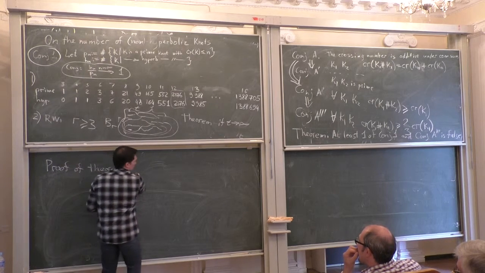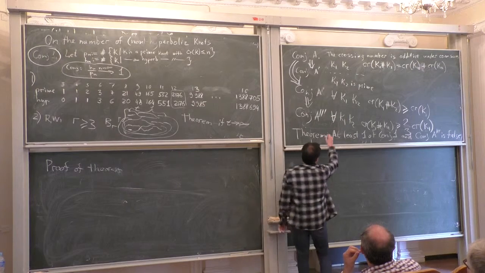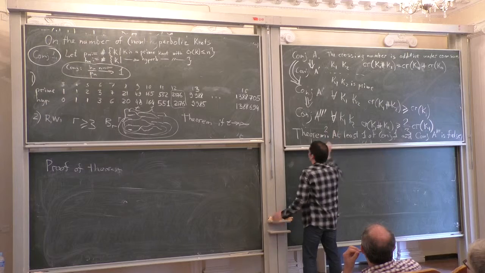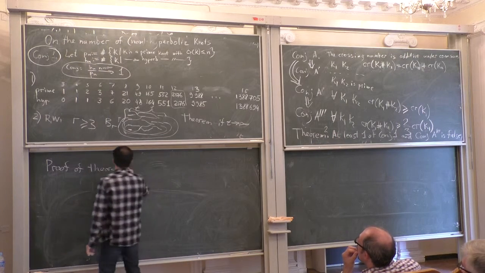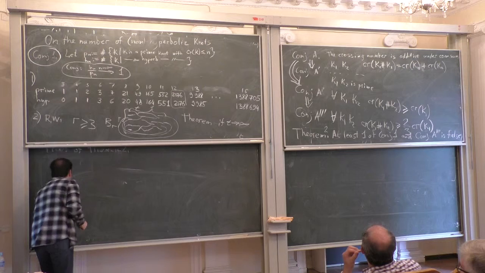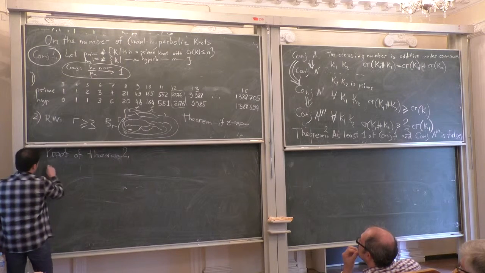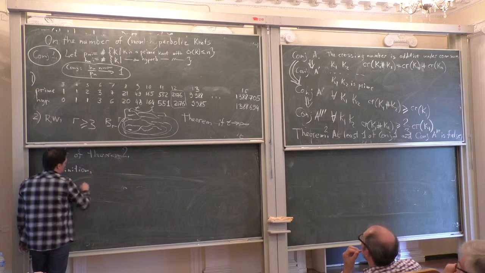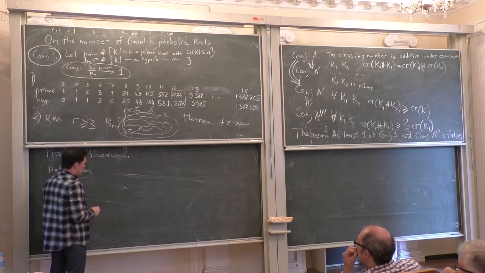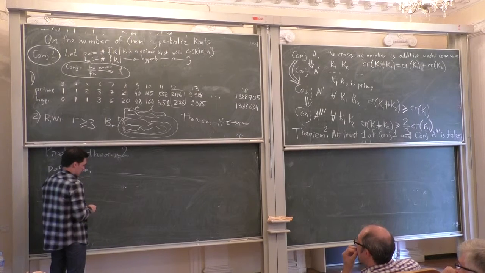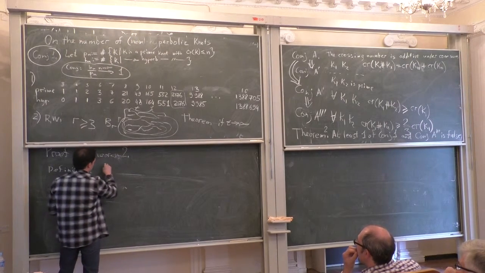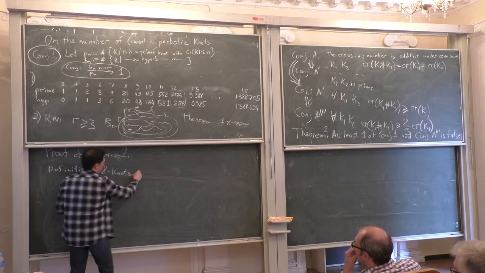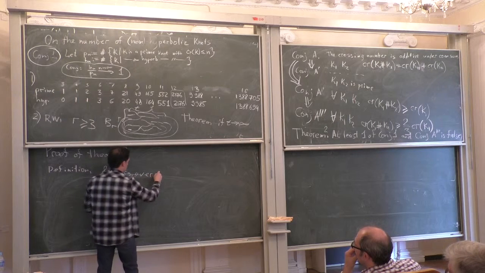I need some number for this. Theorem 2. Proof of theorem 2. To prove it, I need some definitions. I'm going to define something, let it be figure 8 knots over some other knots.